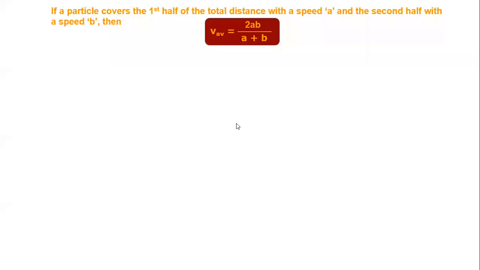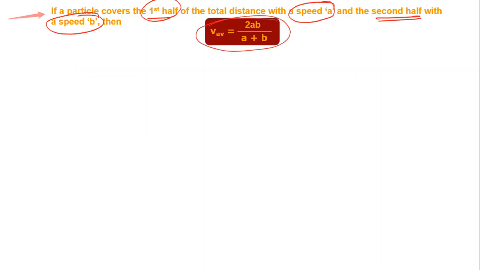Now here you can remember some generally used cases for the MCQ. I am telling you the formulas. The first one is, if a particle covers the first half of the total distance with speed A and the second half with speed B, then the average speed is given by this formula: total distance divided by total time.